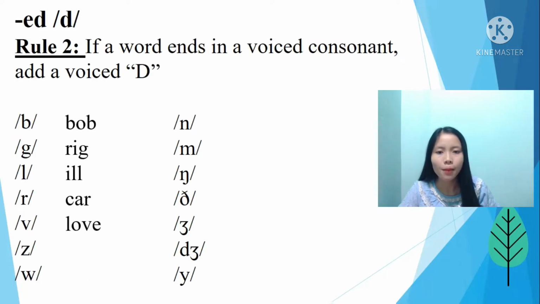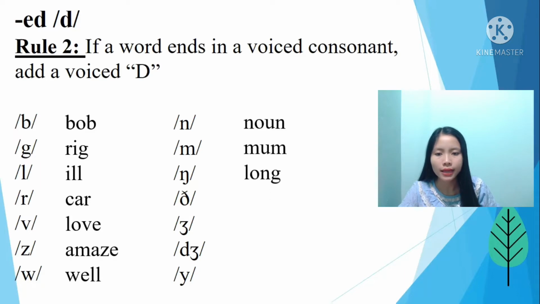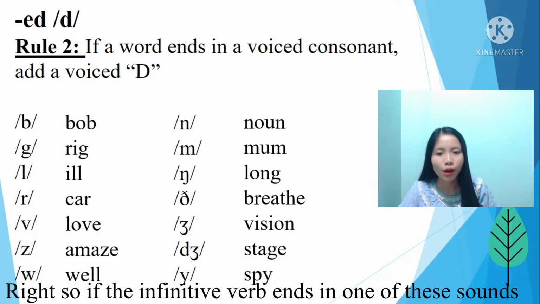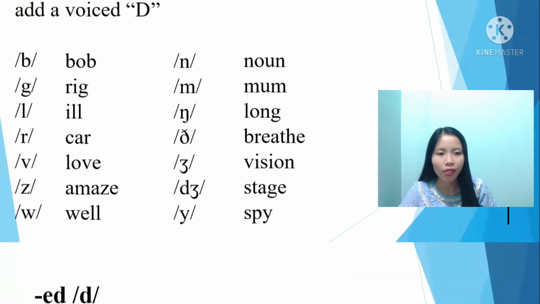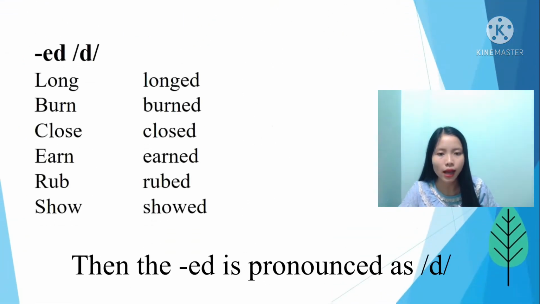Z as in amaze. W as in well. N as in now. M as in mum. Ng as in long. Th as in breathe. Zh as in vision. J as in stage. And Y as in spy. Right, so if the infinitive verb ends in one of these sounds, then the ed is pronounced as d.